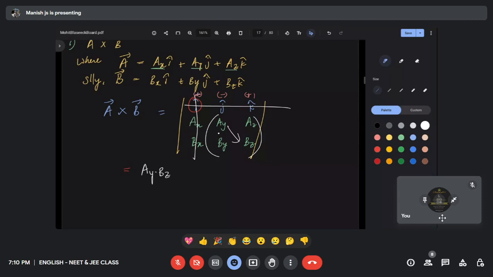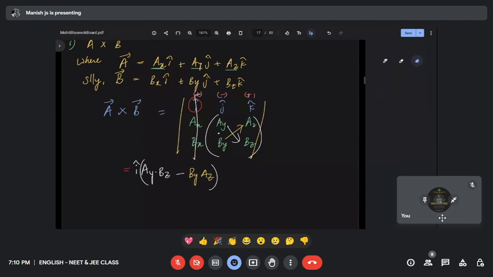So you can see that it is I cap for the first one, open the bracket, AY times BZ, minus, as you go upwards you will have to take a negative sign, so minus BY times AZ. So I am done with the first terms. We are done with the first corresponding column and row operation. Now I'm going to remove the blocked lines that I have drawn.